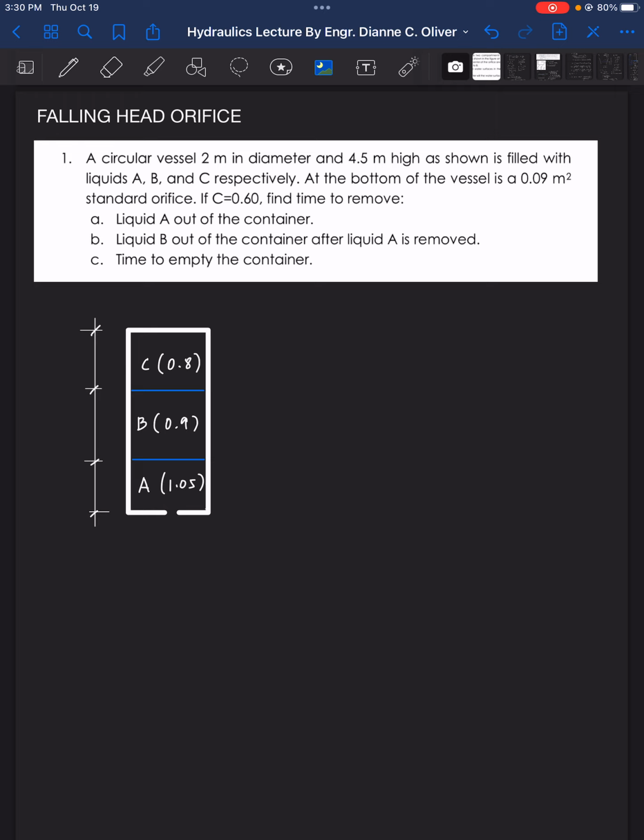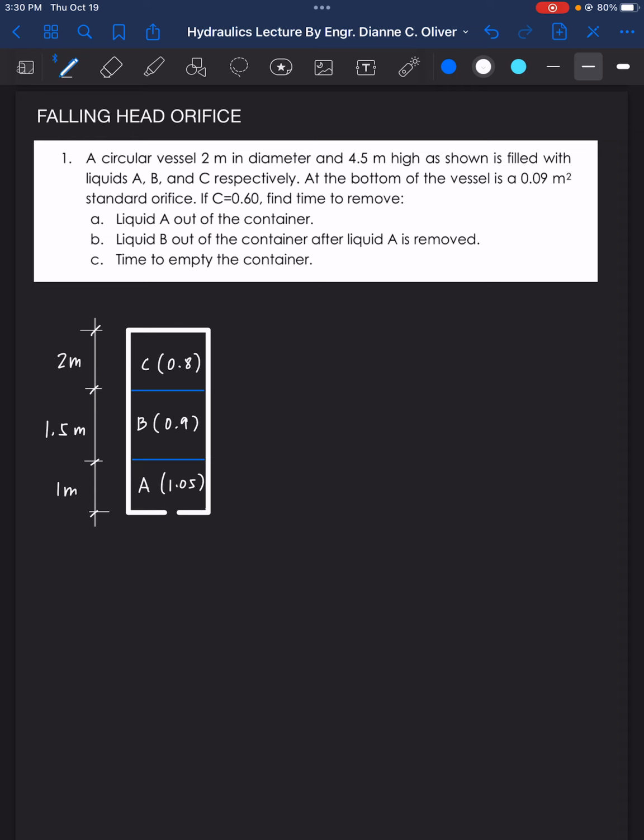So we have our liquid A at the bottom because its specific gravity is higher compared with liquids B and C, and the heights are given as 2 meters, 1.5 meters, and 1 meter.